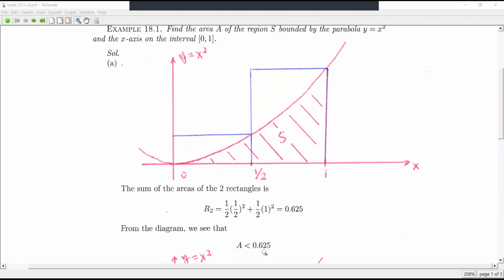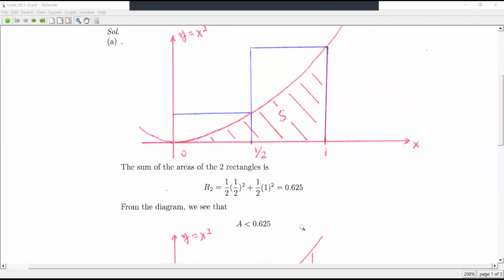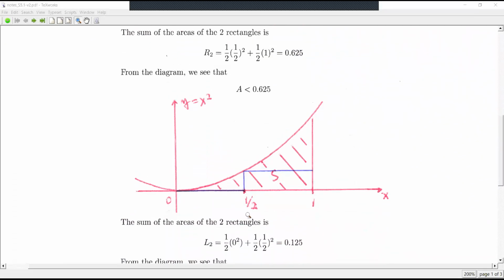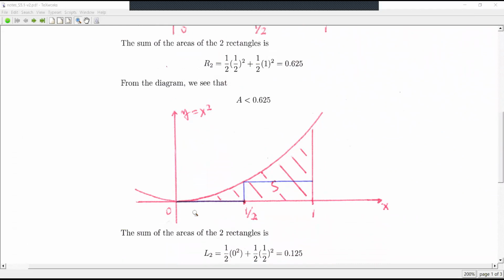Similarly, we can find a number below A. This time, let me erase these two rectangles. Okay, now build a second pair of rectangles. This time, over the first subinterval, let me use the function value at the left end point as the height to build one rectangle.